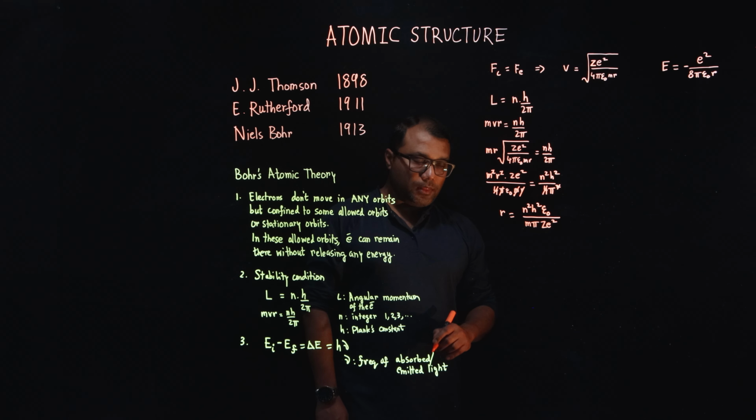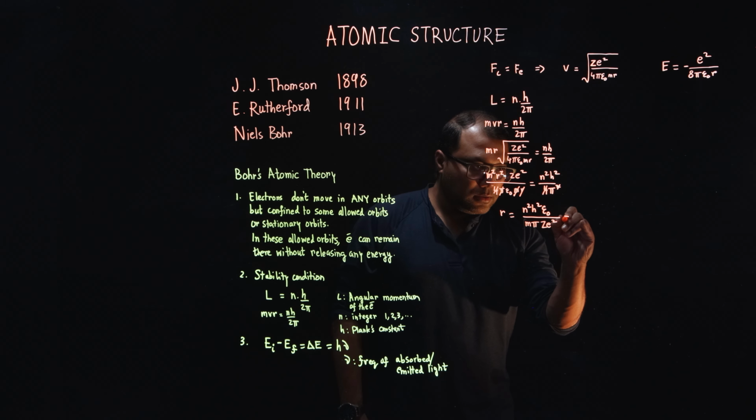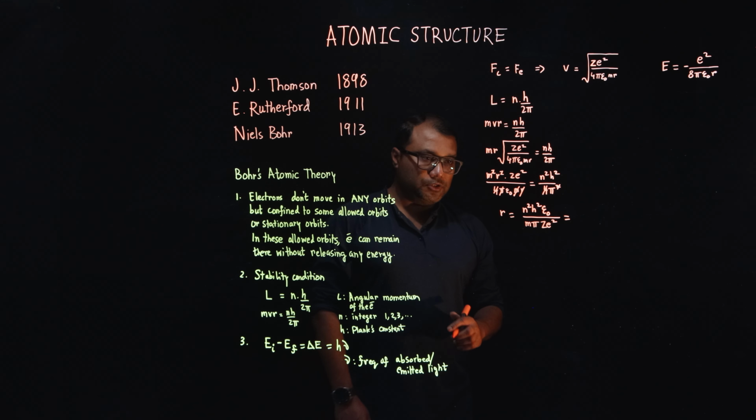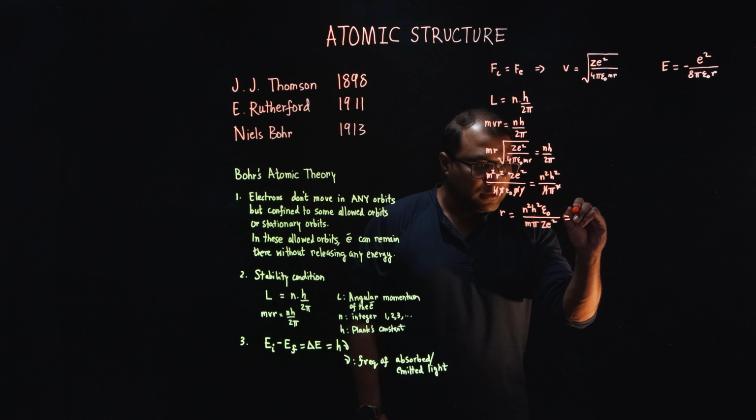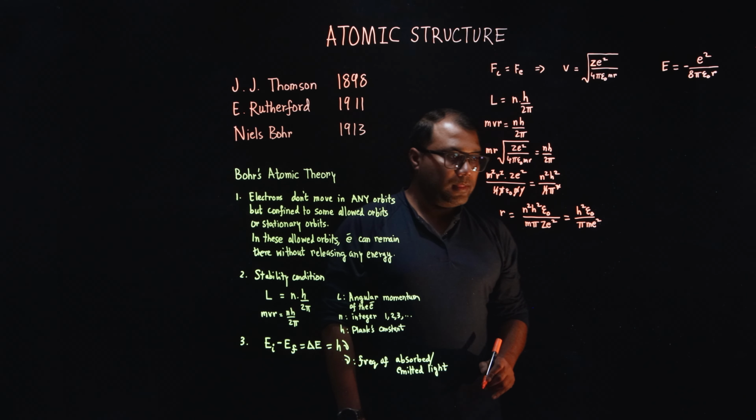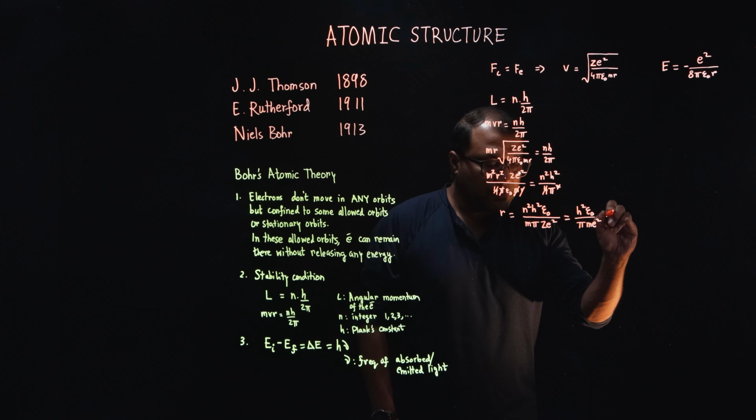Now if we bring all the constants together, then it is h square epsilon naught divided by pi m e square, and then outside we can write n square by z.